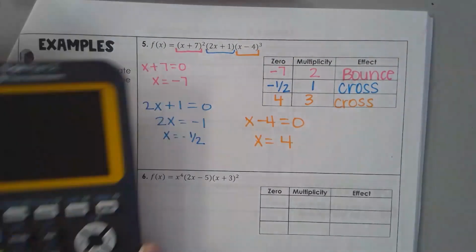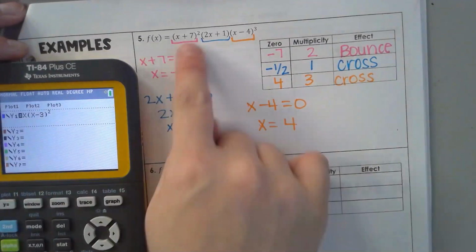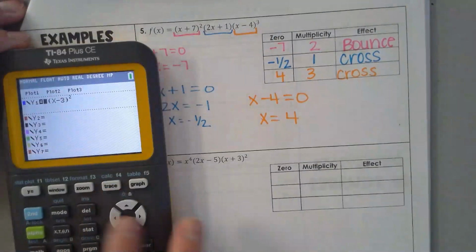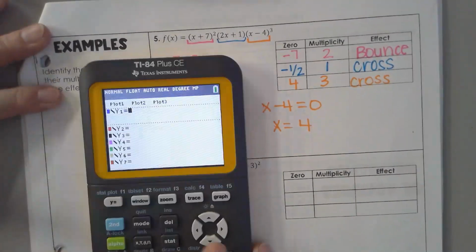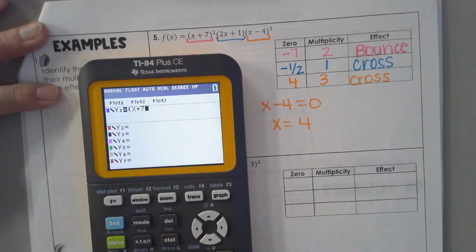So let's see. Sometimes when you have a lot of exponents, they don't always look the best on the graph. But let's see.